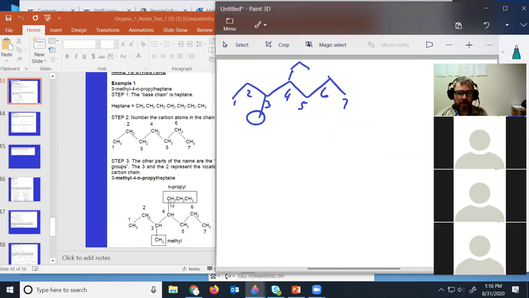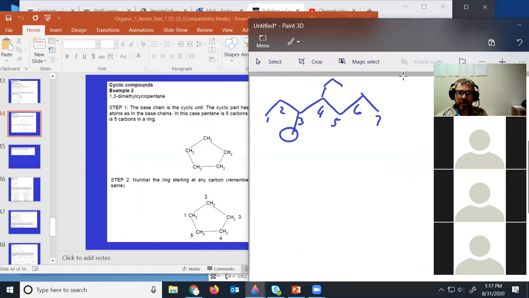So there's your N-propyl there, hanging off the end of that. That's how we come up with it. Going from the name to the structure is usually not that difficult. It's going from the structure to the name that becomes a bit more intense. Does anybody have any questions?